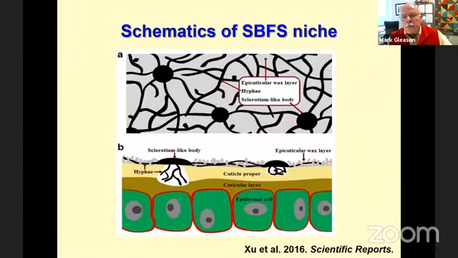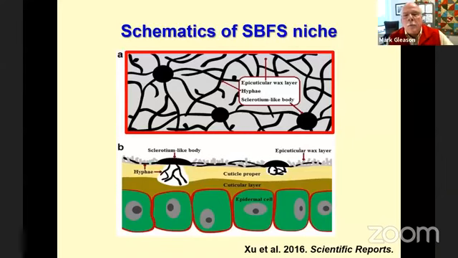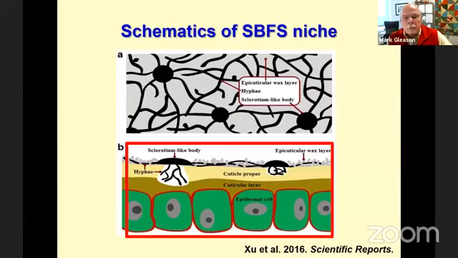Trying to look at the big picture here, if we look down like a bird's eye view on this diagram, you can see the epicuticular wax layer and the hyphae growing across it, and there are sclerotium-like bodies that are basically just knots of hyphae. And then when we look at the side view, this is what's really interesting. You can see here's the live part of the apple fruit, those green epidermal cells.